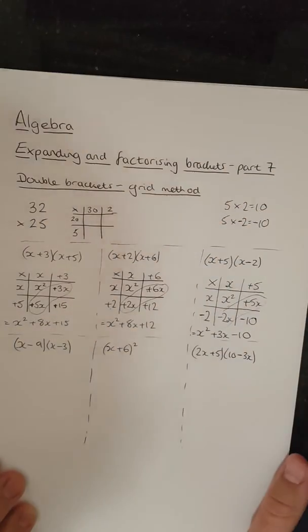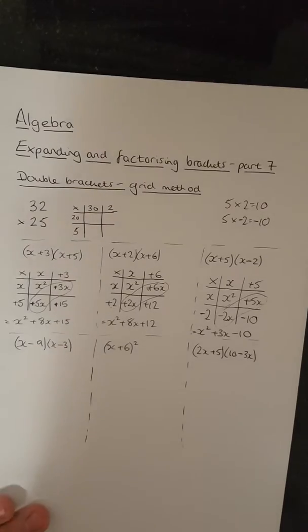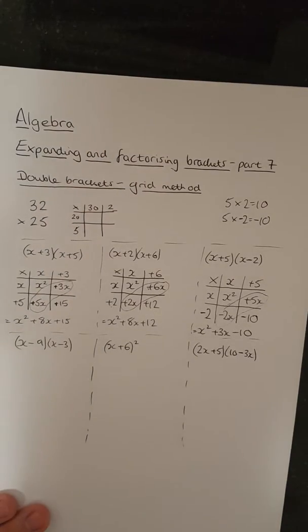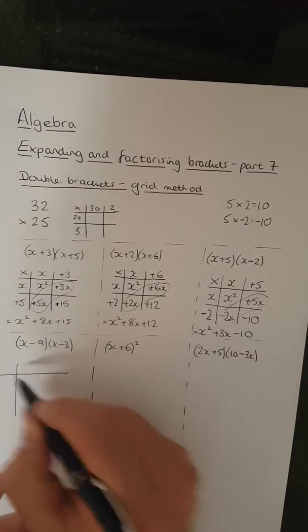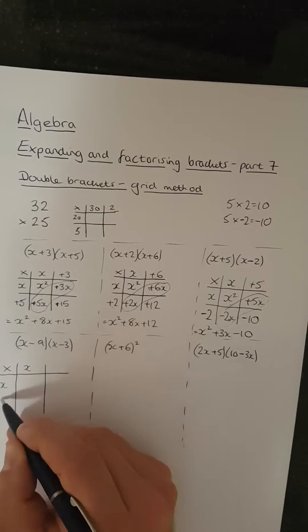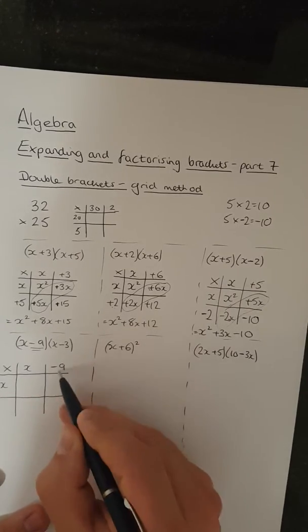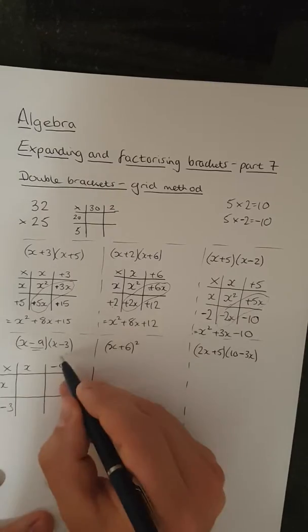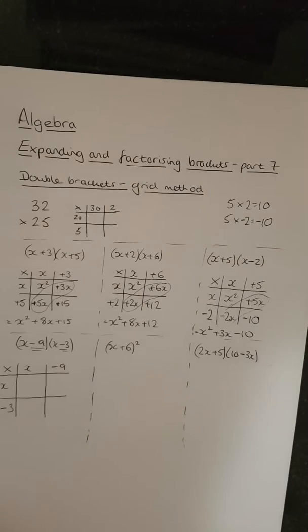So, if you want to have a go at them, by all means pause the video and try. It's really important that you get your negative signs from the brackets into your grid. If you don't do that, you will find it goes wrong.